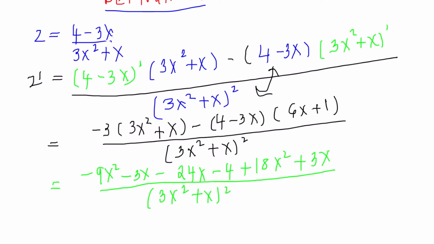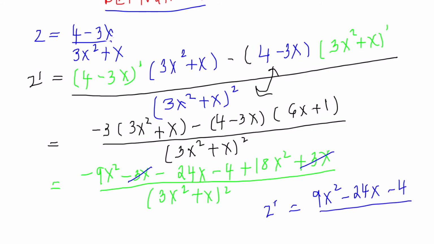So eventually this will give us z prime is equal to 9x squared minus 24x, because this minus 3x will cancel with this plus 3x, minus 4.